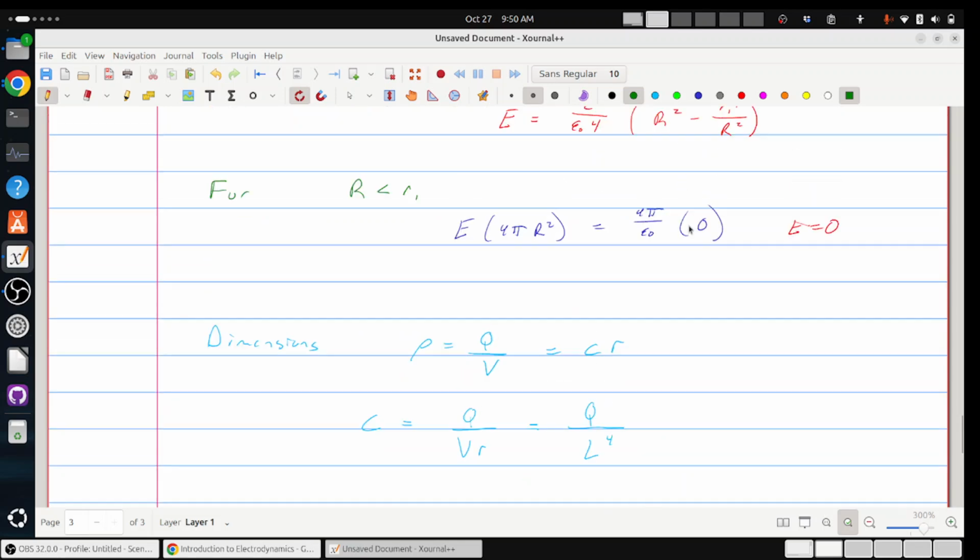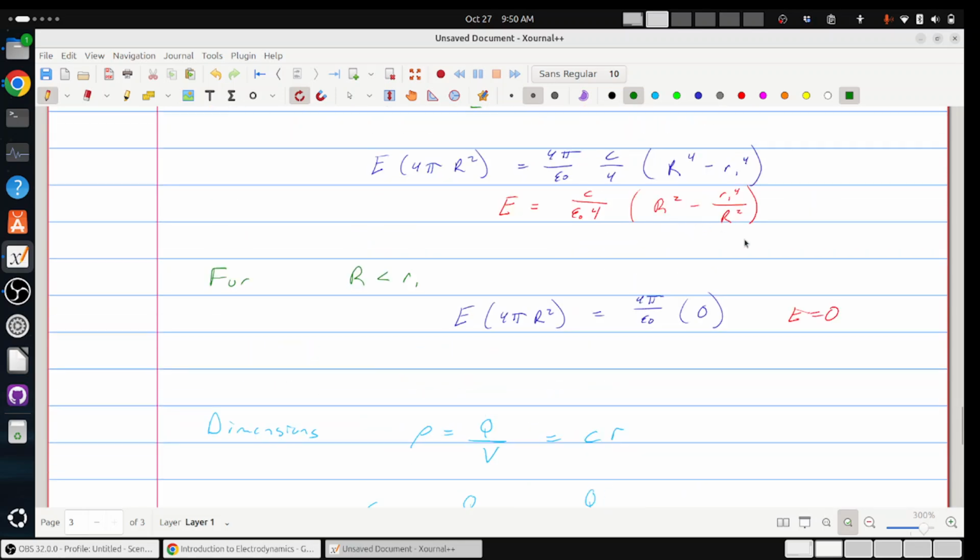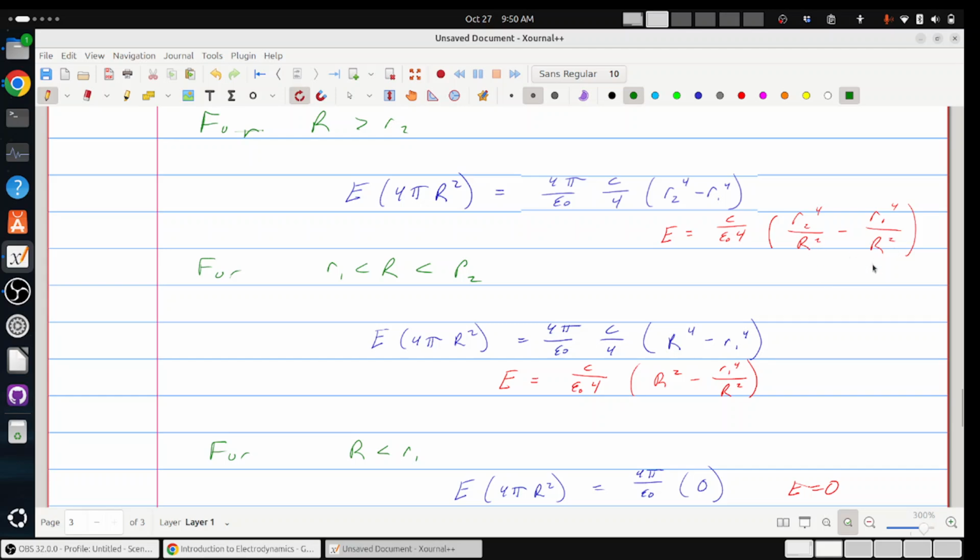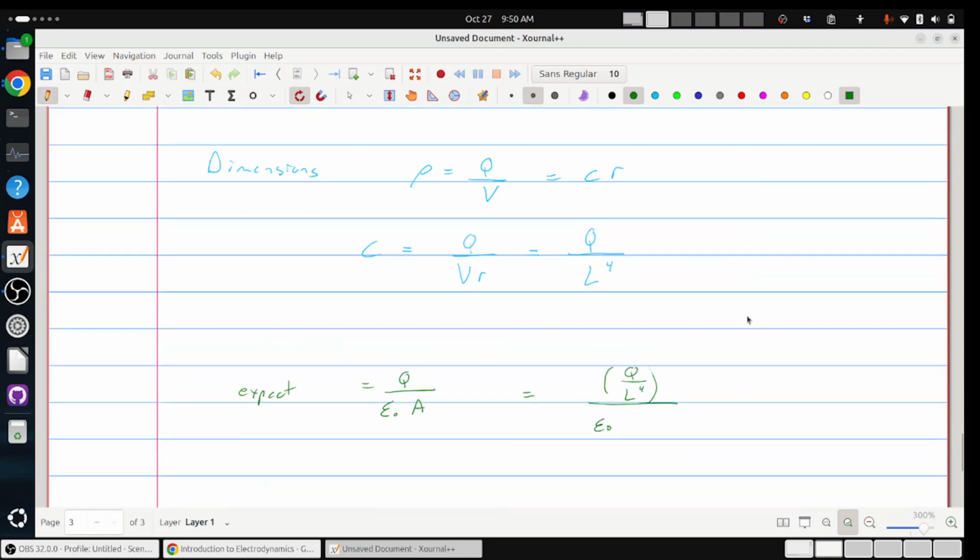The 4 doesn't really matter much. And then in my parentheses, it's something like a length squared. So this is the same thing as a Q per epsilon naught length squared. So that's the type of dimensions we would expect to get. So the dimensions are kind of hidden in that constant within the charge density. Okay?